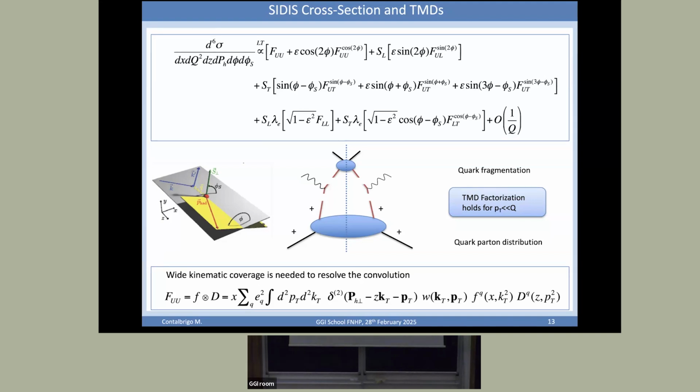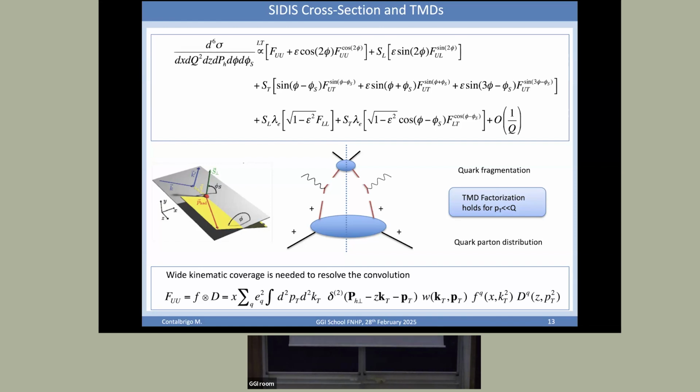If you are unpolarized, you just focus on these two terms only. And with the polarization control, you can open access to all the other terms, okay? So the first message is, if you wanted to do this kind of study, better you develop experiments that are able to control polarization. Otherwise, you just pick up limited information.